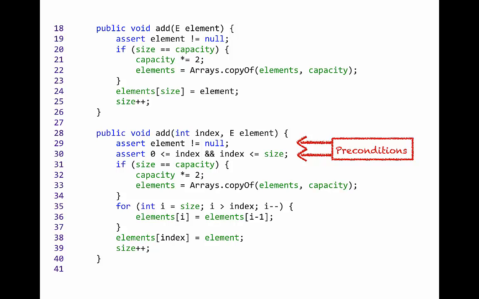For both methods, we're saying that the specified element should not be null. The real Java ArrayList implementation does not do this, but it makes it simpler for us if we do have this restriction. And on a personal note, I just cannot stand dealing with null values. And I try to eliminate the possibility of null values occurring wherever I possibly can.